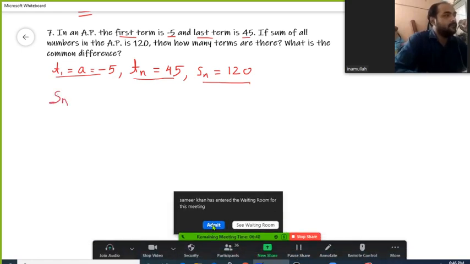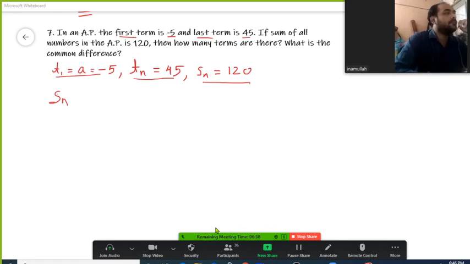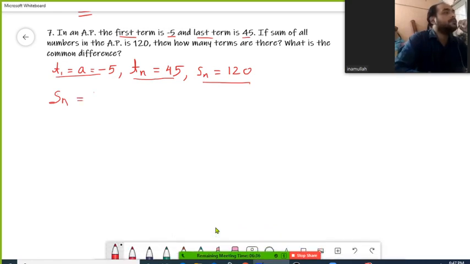Sn equals to n by 2 into bracket first term plus last term. This is another formula to find the sum of n terms. Sn is 120. Here we don't know n. First term is minus 5 and last term is 45.